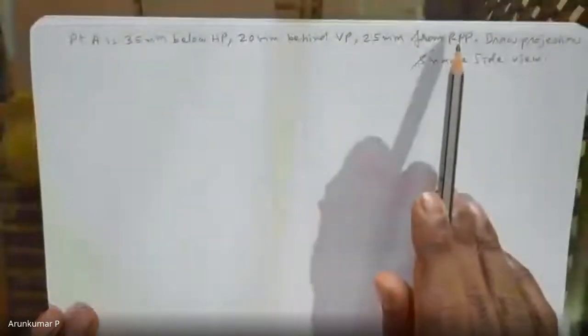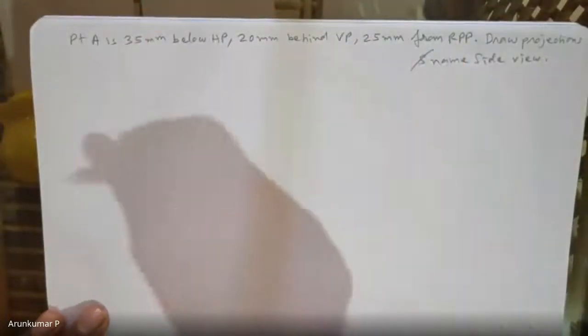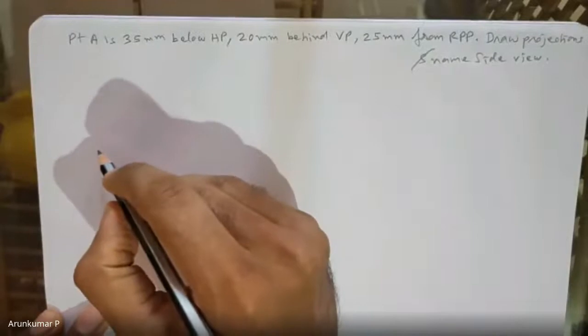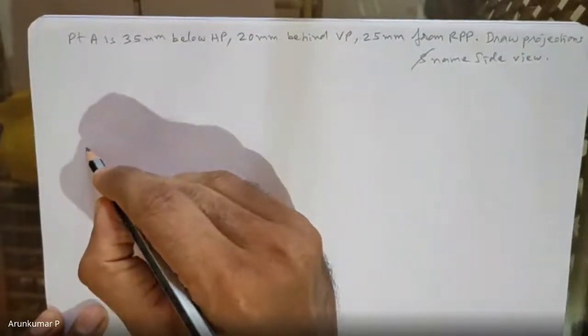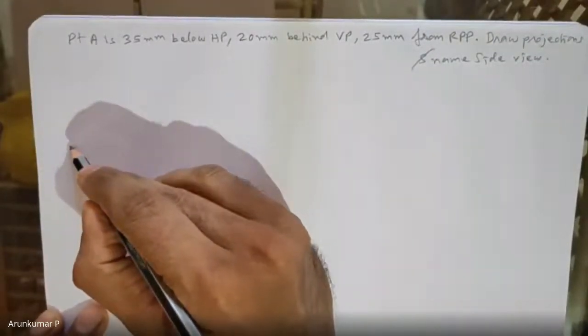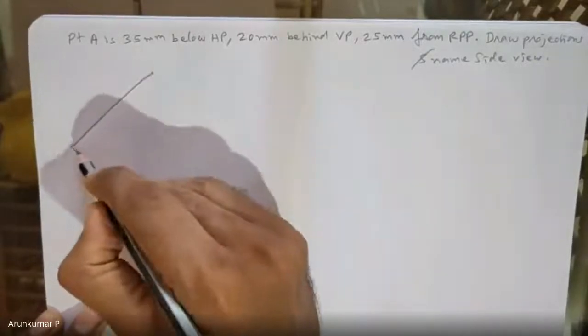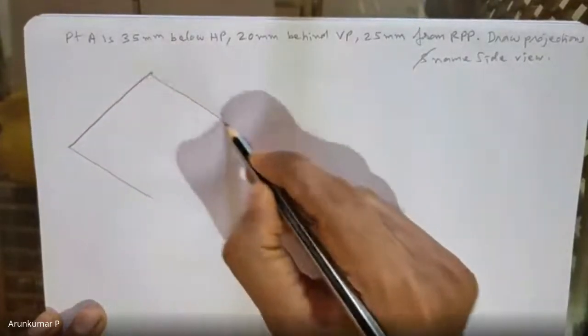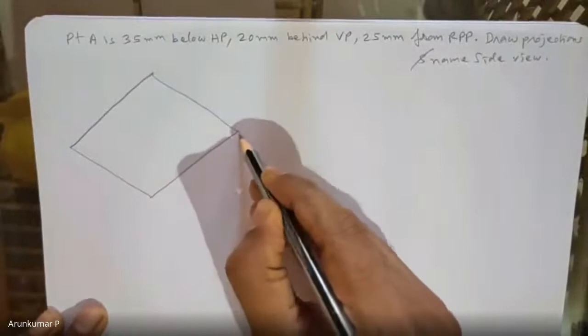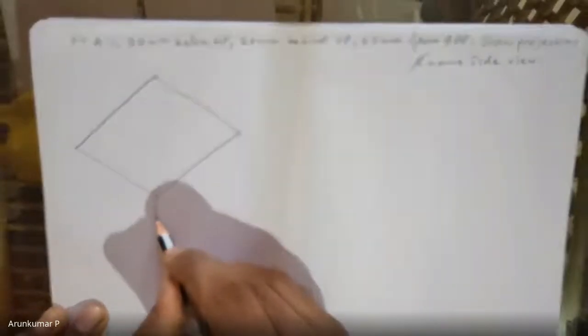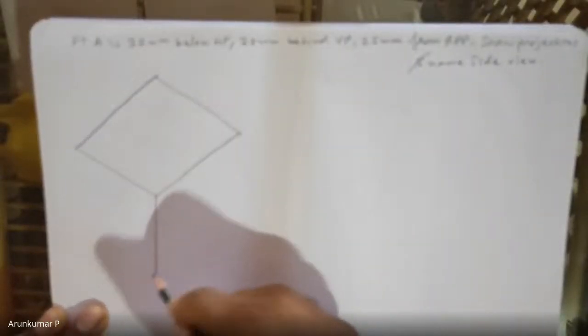Third quadrant with RPP. So let us draw the arrangement of planes in the third quadrant. So this is the third quadrant. HP, VP is below the lower half of VP.